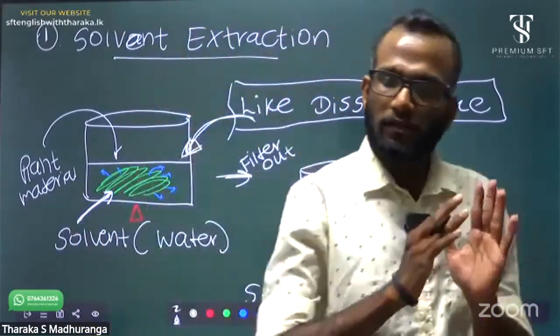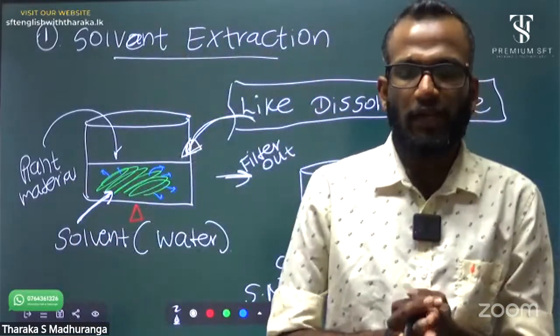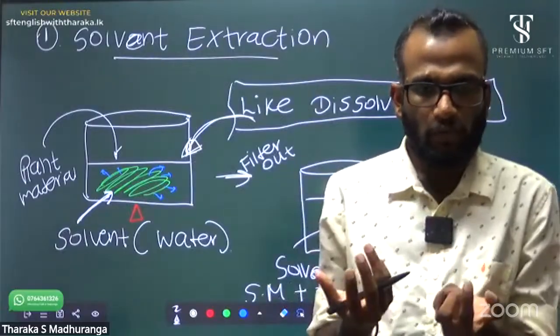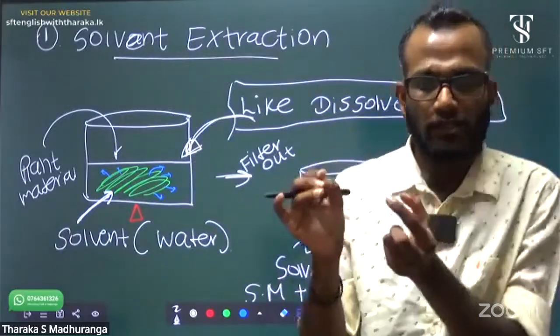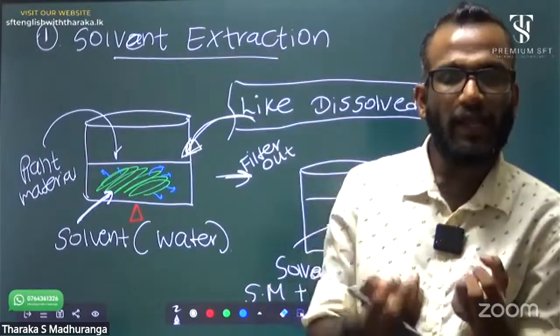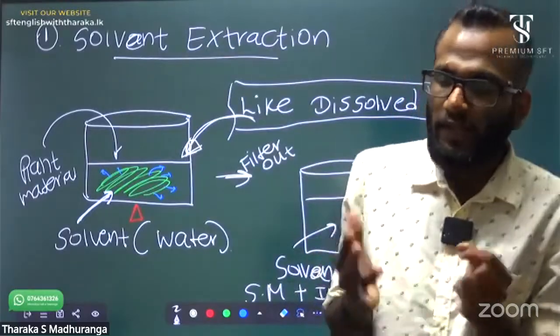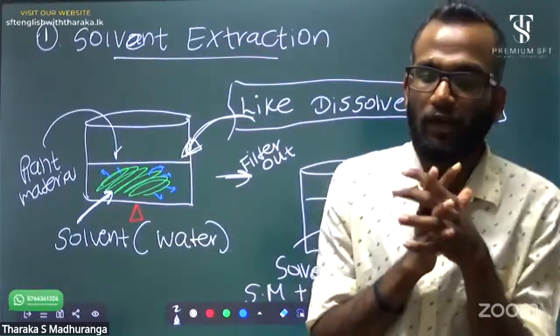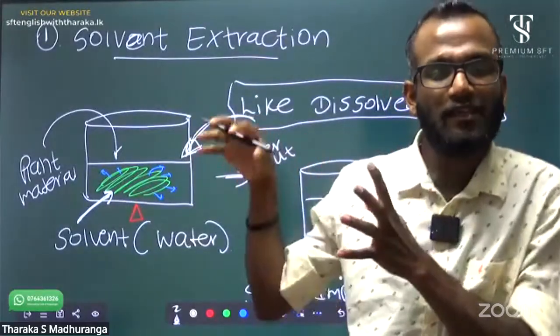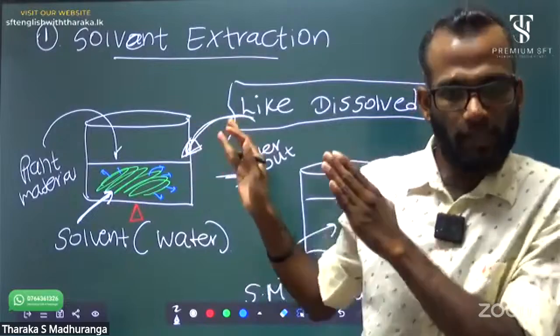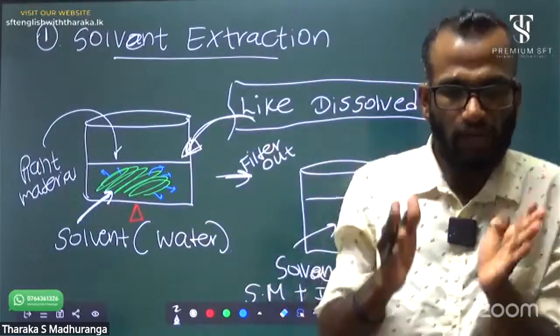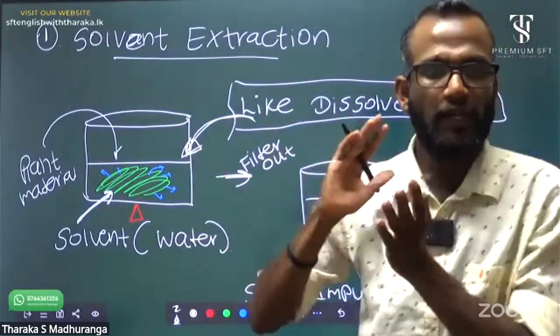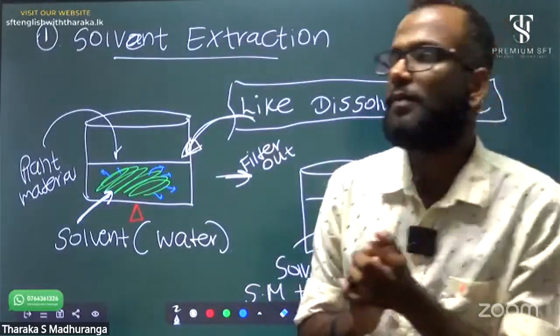This is a simple solvent extraction. What I did was select a suitable solvent, add plant material into this solvent and heat it. The heating time depends on the plant material; there is a recommended time to heat it, maybe 1 hour, 2 hours, 4 hours.